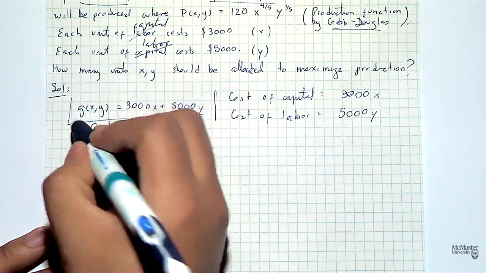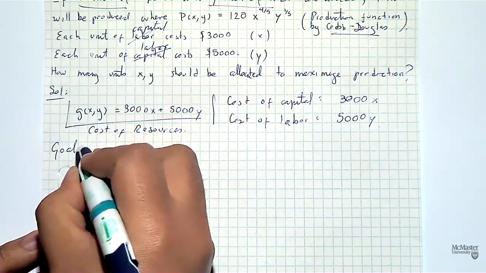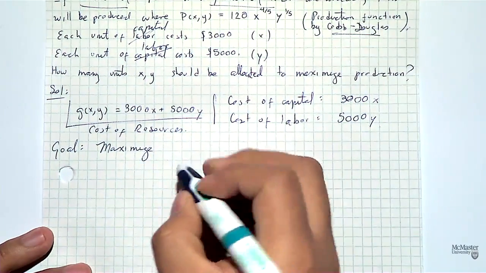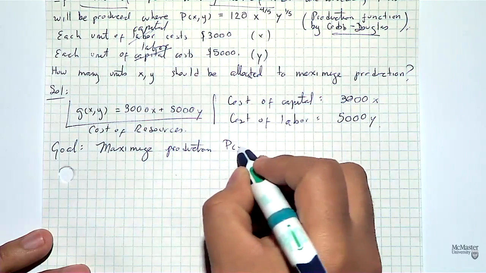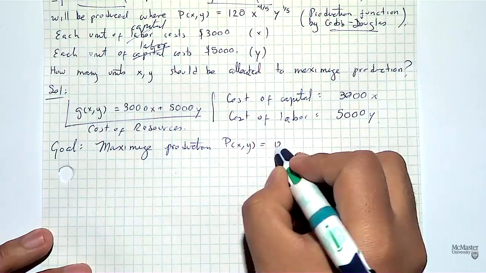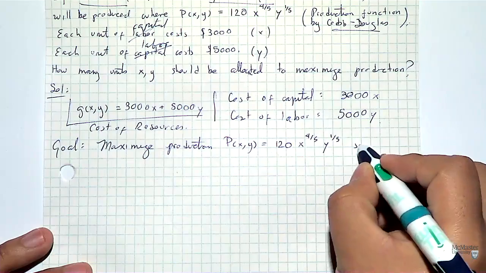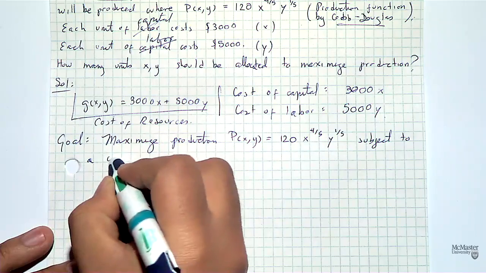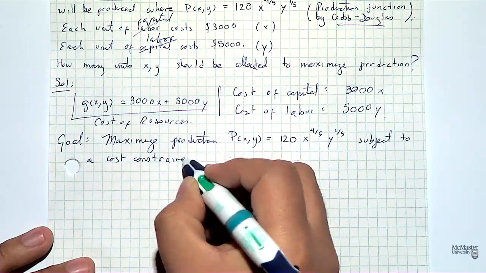Now, since we have the constraint formulated mathematically, we can state the goal. The goal mathematically is to maximize the production, which is given by the function p of xy, 120, x to the 4/5, y to the 1/5, subject to a cost constraint, which we already know.